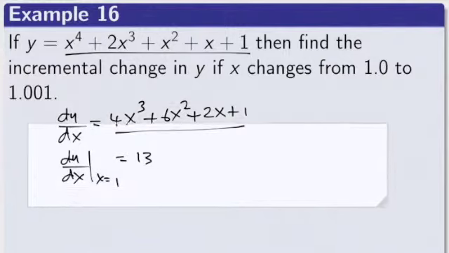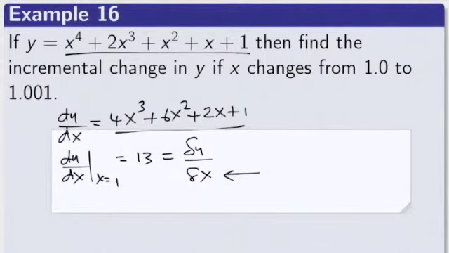Now dy dx evaluated at x equal to 1 is equal to the incremental change in y over the incremental change in x. Now the incremental change in x is 0.001 because x changes from 1 to 1.001.